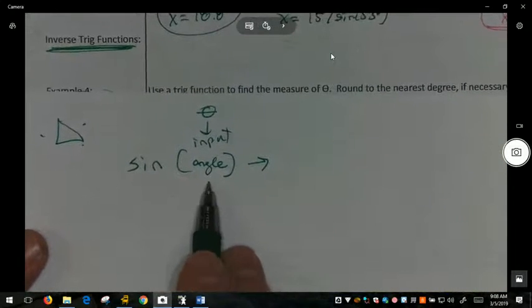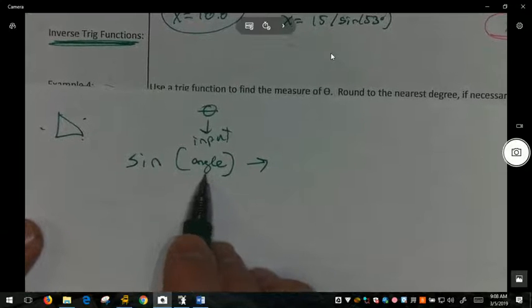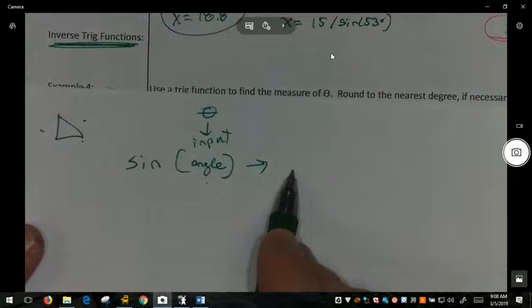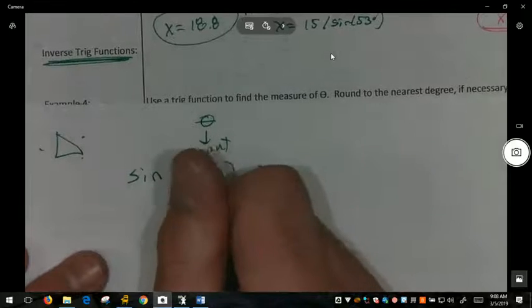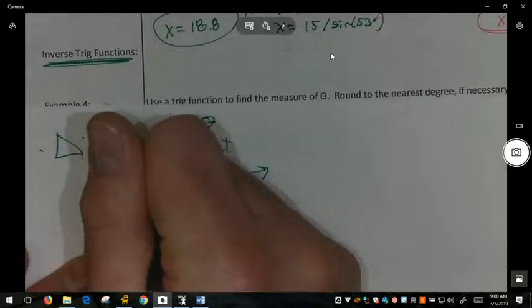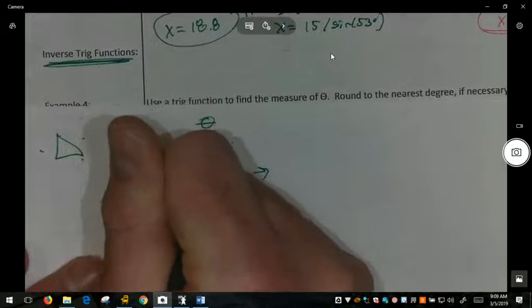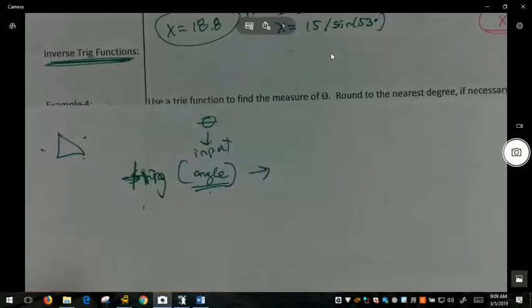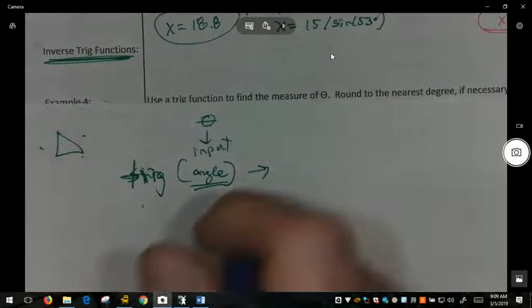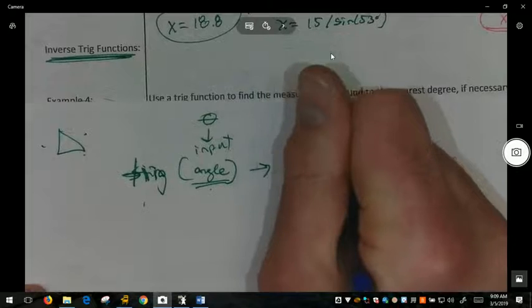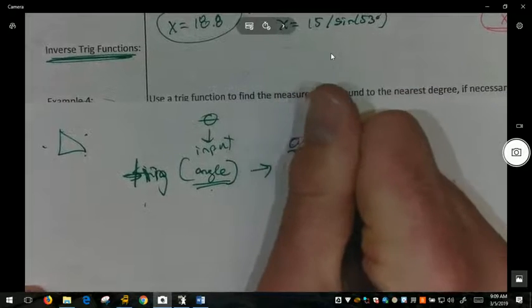For all triangles that have a 20-degree angle, if you put the sine in, it will reduce to the same function, no matter the size of the triangle. So when we use regular trig functions, sine, cosine, and tangent, we input the angle, and the output is the ratio.